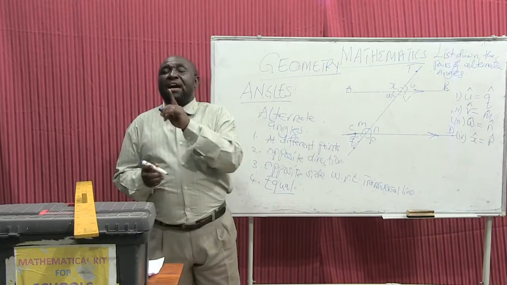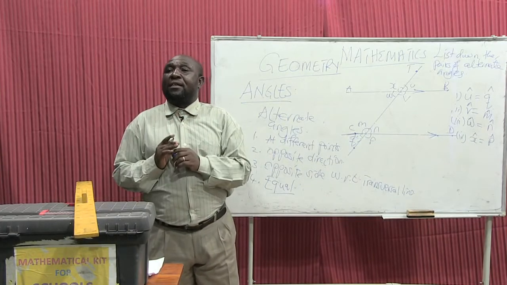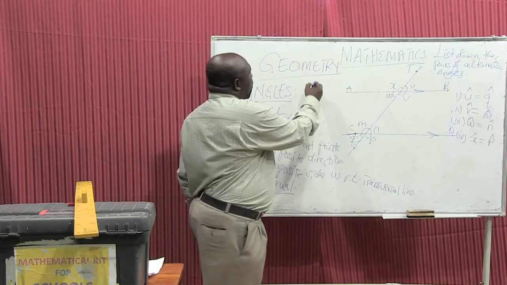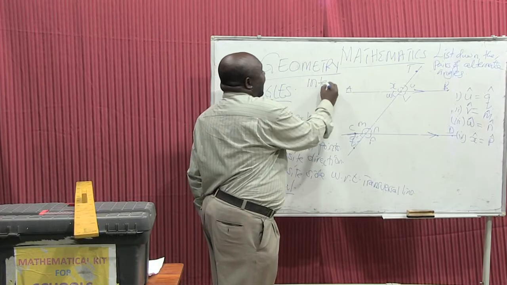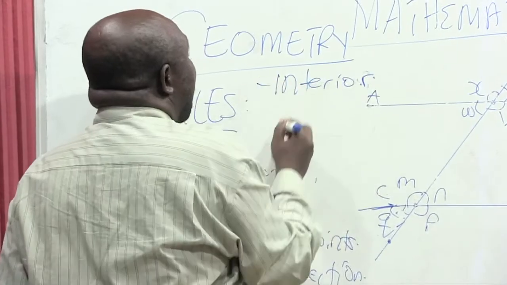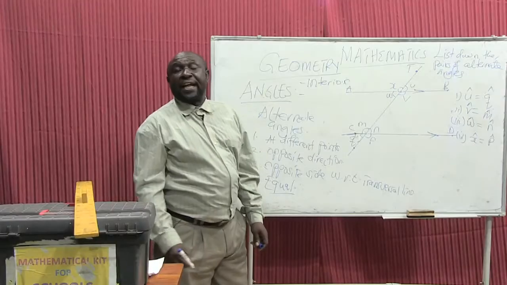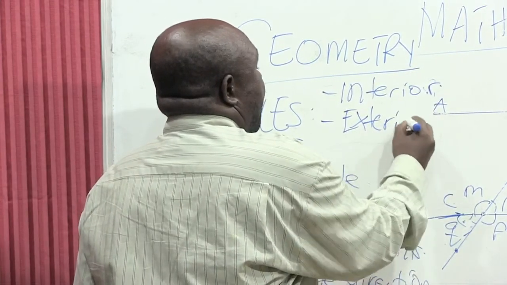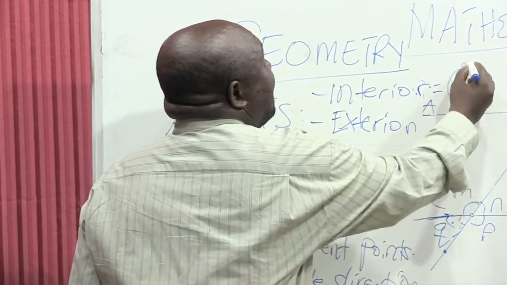Now, alternate angles are of two types. One is alternate interior and alternate exterior. Interior means inside.